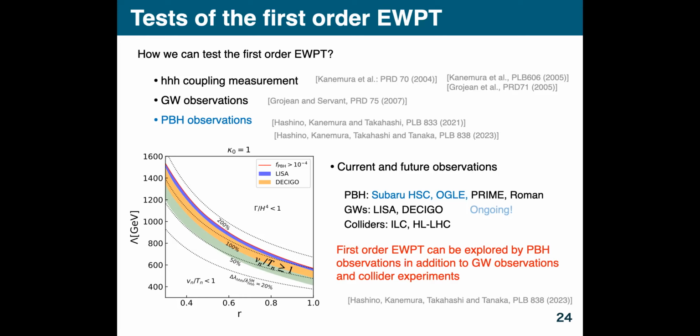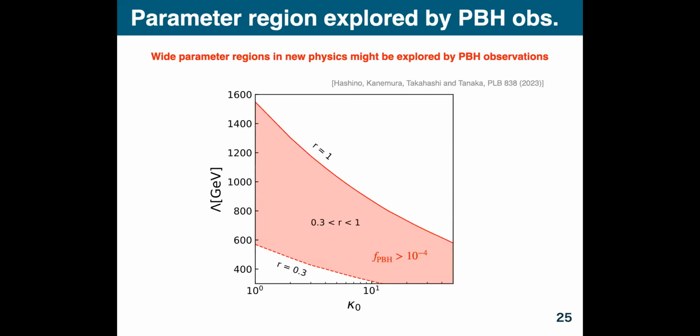So as we can see, if we observe a large deviation in the triple Higgs boson coupling, this green region can be explored by the collider experiments. Therefore, the first order electroweak phase transition can be explored by using the PBH observation in addition to the gravitational wave observations and collider experiments. So this is the main result.